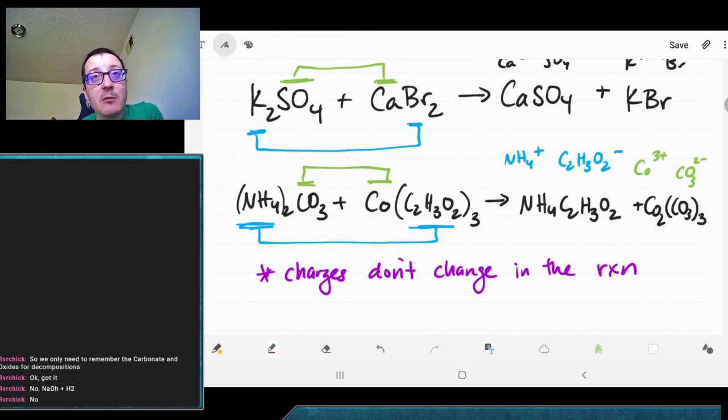So cobalt was 3 plus beforehand, it stays 3 plus at the end. All right, so when we take it through, again, you may want to spend some time reviewing how to determine the charge of these. Go back to the Chapter 5 lectures on naming and charge balancing to make sure that that's going to be okay. So keep that in mind, okay? So don't forget about charge balancing there, or figuring out the charge of that.